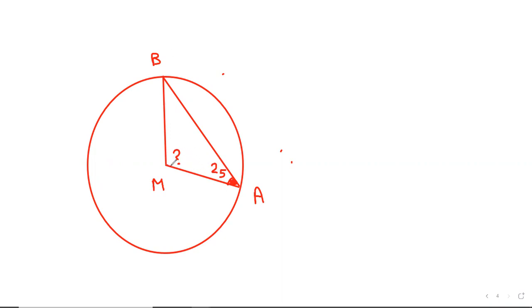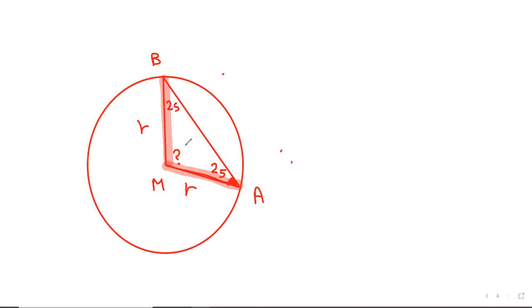We have here MA. MA is a radius, and MB is a radius. So this triangle here is an isosceles triangle because we have MB and MA, and they are equal in length. So this triangle is an isosceles triangle. So the measure of angle B is 25 also.